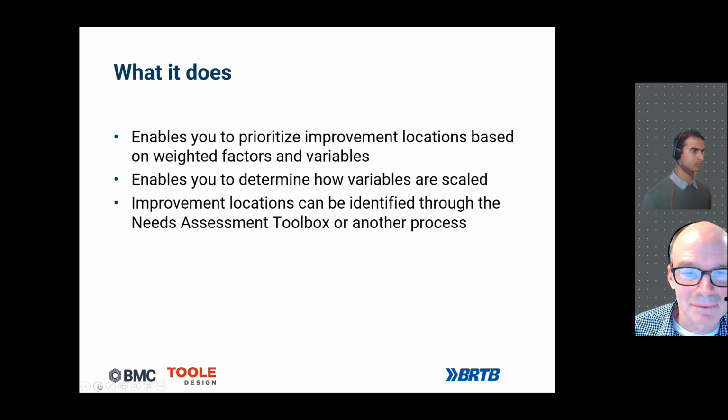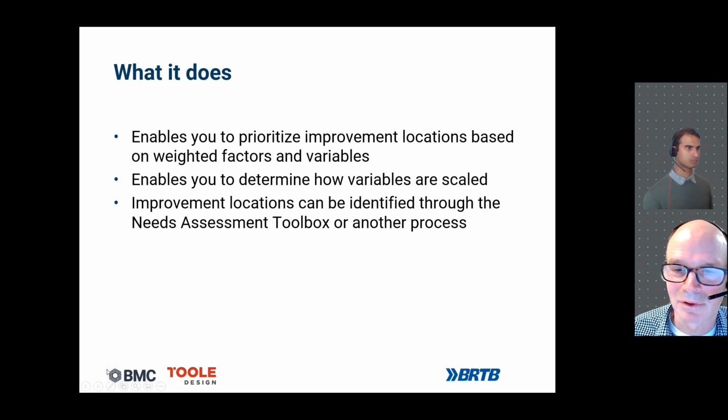The toolbox enables you to determine how variables are scaled. Different variables will have different scales of raw score. For example, there may be only a couple of crashes at a location, but the annual average daily traffic might be in the tens of thousands.